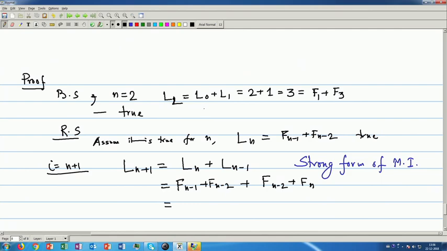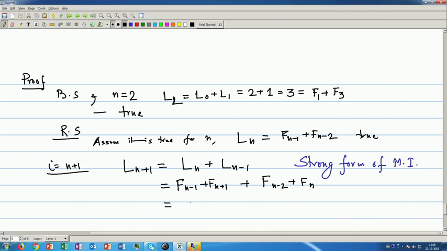for L n plus 1 it is f n minus 1 plus f n plus 1 plus f n minus 2 plus f n.